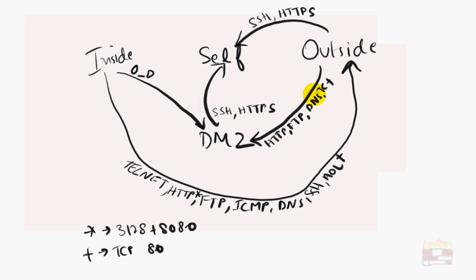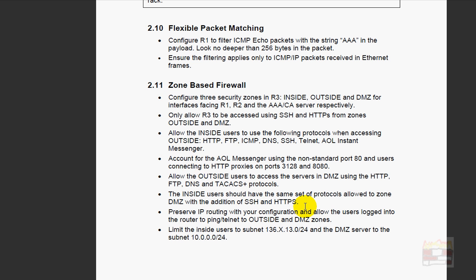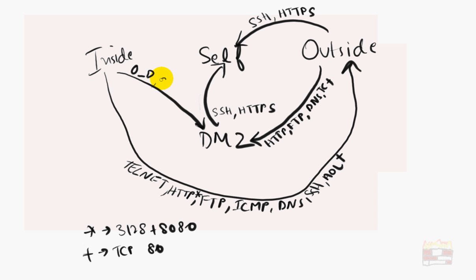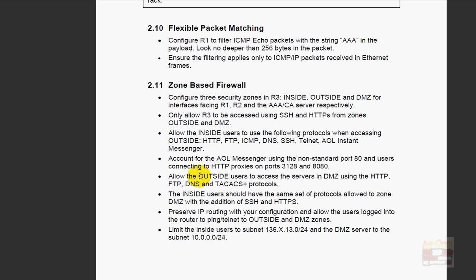That means all the protocols that I've configured here, I'm going to be replicating here, along with the two protocols SSH and HTTPS. So this means I'm including all the protocols I've included between the outside and the DMZ zone pair, along with two additional protocols, SSH and HTTPS.